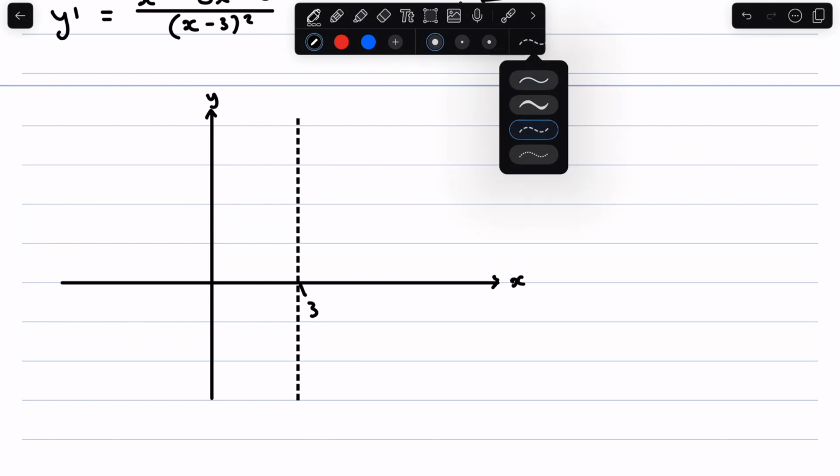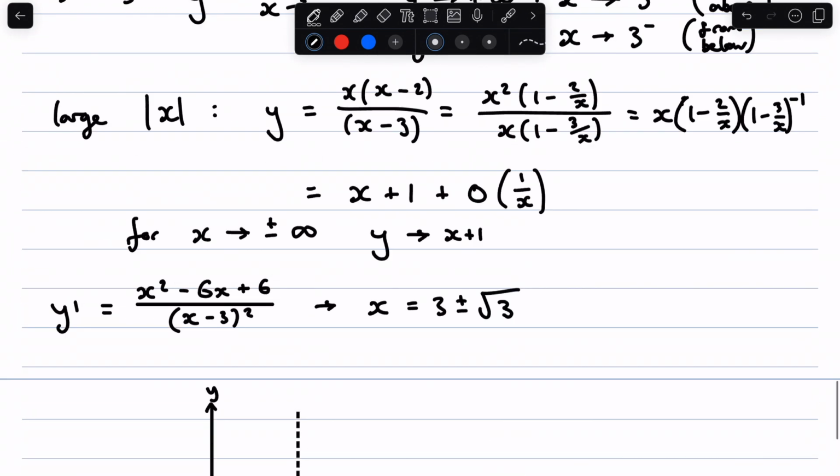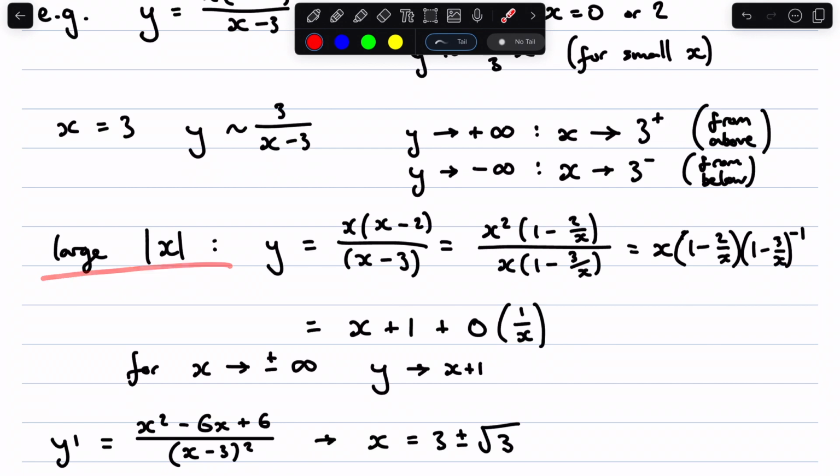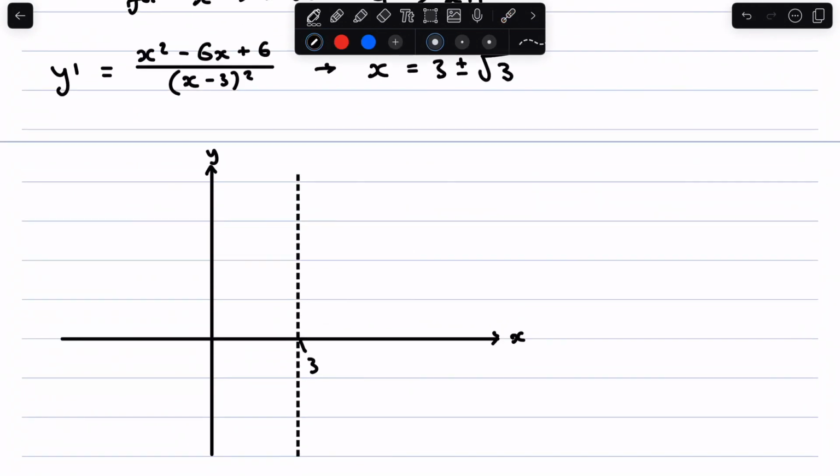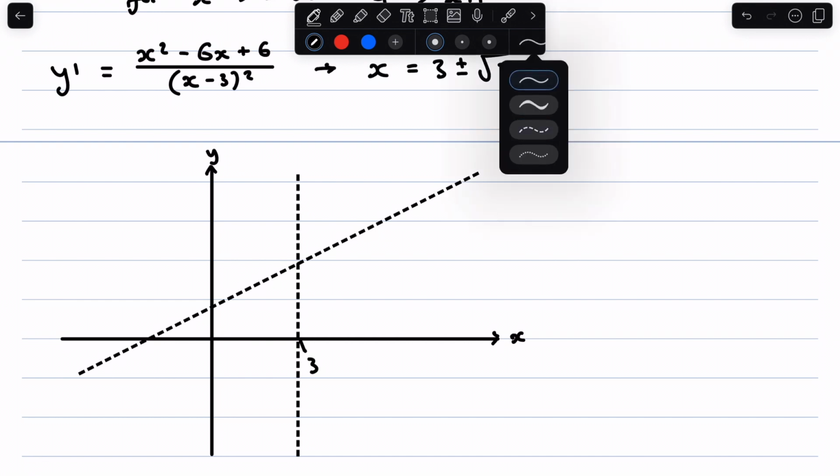And then there'll be another asymptote which we found. For large x, we have y tending to this x plus 1 plot, so we wish to draw a y equals x graph, but then shift it up by 1 in the y direction. So maybe like this. And here I've drawn the coordinate axes not to scale, that's why the gradient isn't exactly 45 degrees, but you get the gist.